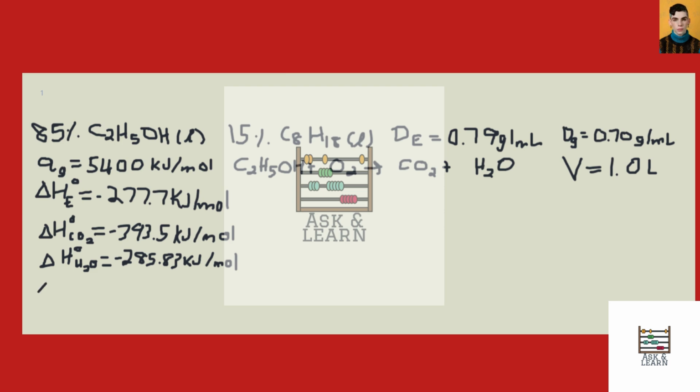So we're going to use Hess's law: delta H of reaction is equal to delta H of products minus delta H of reactants.